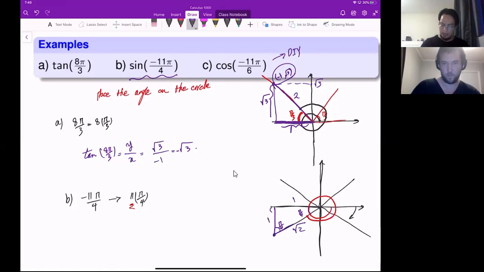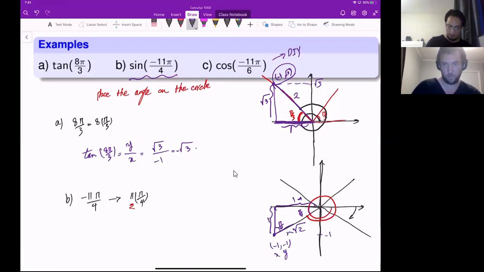Again, remember, 1 is the length of this side, but since we are going down in the y coordinate, that will be -1. And this is -1 to the left, moving to the left. So this is x, this is y, this is r.